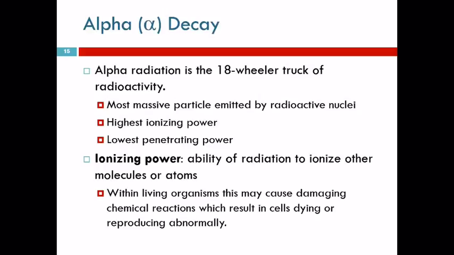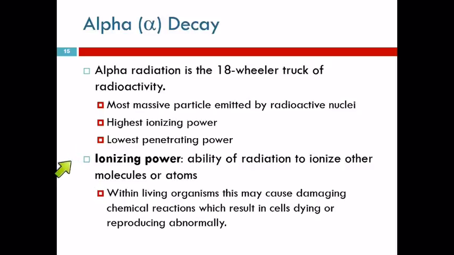So we use an analogy with motor vehicles to help us understand some characteristics of the different types of radiation. Alpha radiation is like a semi-truck, an 18-wheeler. It is big, it's massive compared to the other forms of radiation. It has the highest ionizing power.